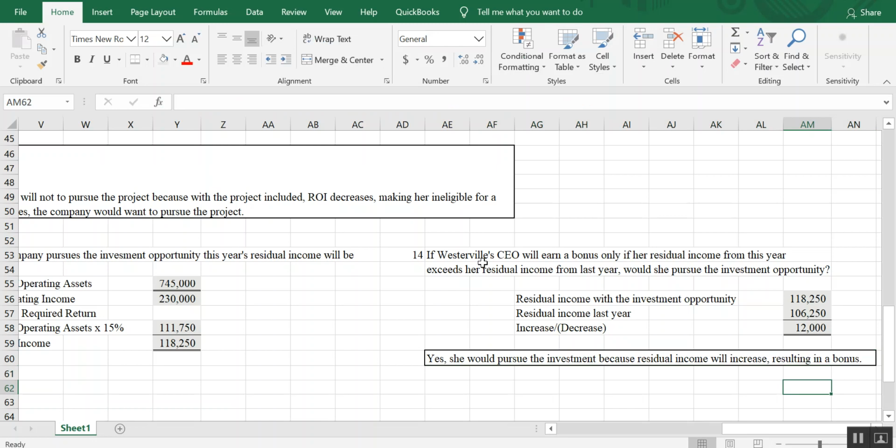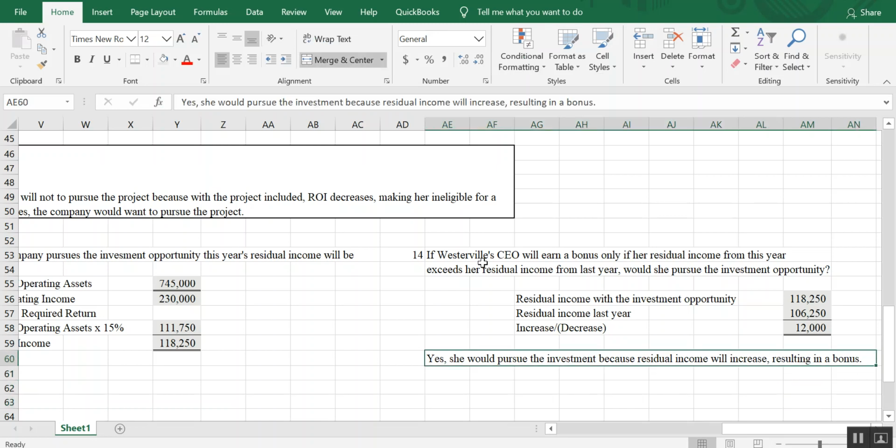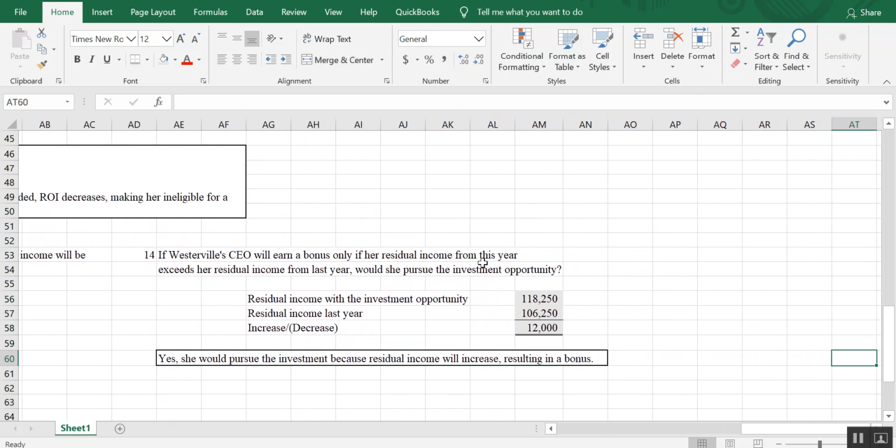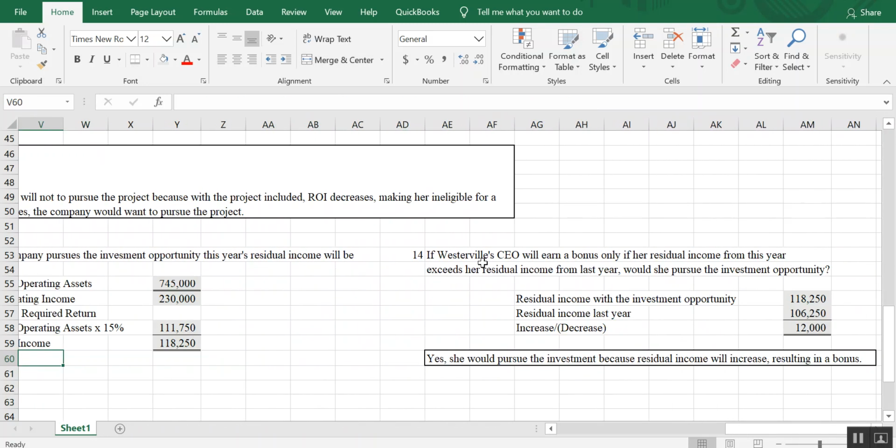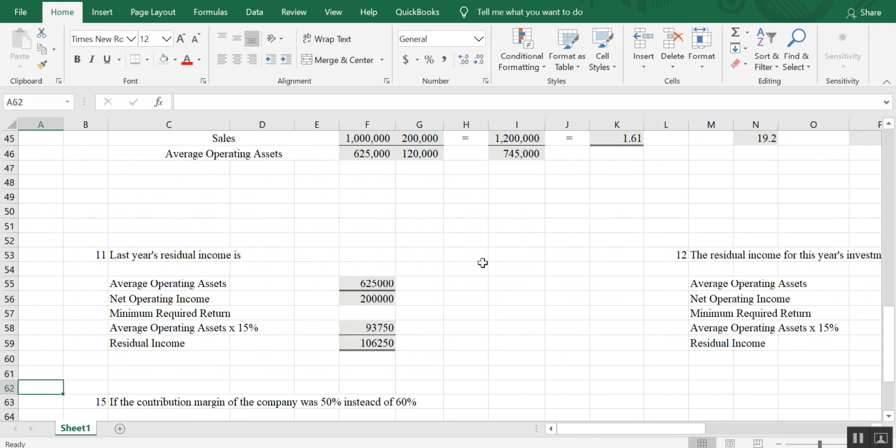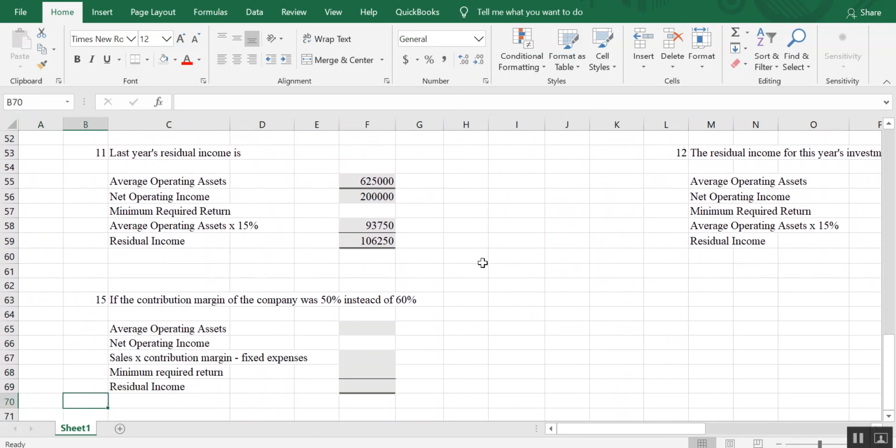So that's the answer. Well, something like that. I mean, you use your own words or however you want to say it, but that's the gist of it. She's going to be doing that because it will make her residual income increase.